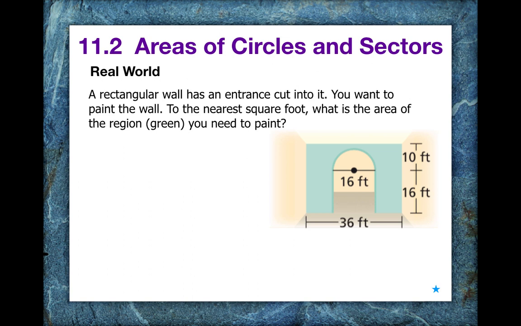So the whole area is 36 times 26, and that equals 936 square feet. Then we have the area that is not there, which is this archway. So we have a rectangle that is 16 by 16, so that's 256 square feet that are not going to be there. So we subtract that out of the 936.